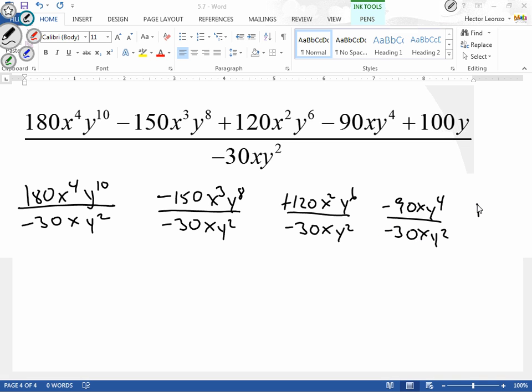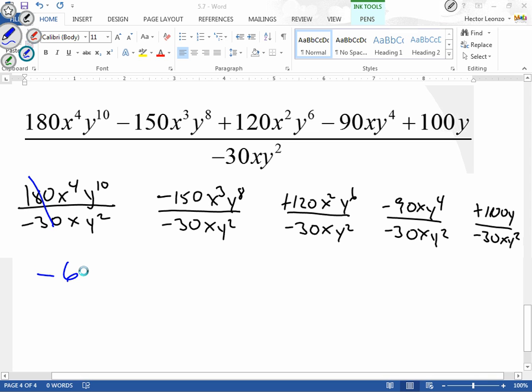And lastly, I have plus 100y over negative 30xy squared. All right, so let's take a look at this thing. Numbers-wise, 180 divided by negative 30, that should give me negative 6. X's-wise, I'm going to have x to the third because I subtract them.